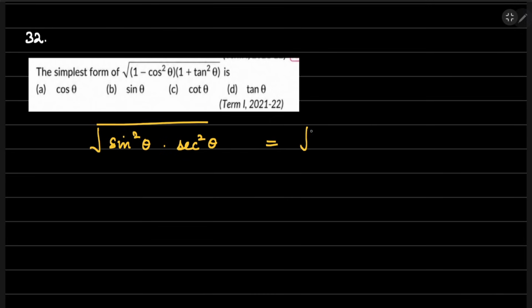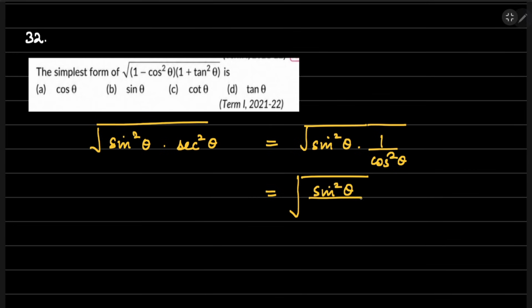So this is equal to root of sine square theta multiplied by secant, which can be written as 1 by cos square theta. So this is equal to, within the square root, you will have sine square theta divided by cos square theta, which is root of tan square theta, which is just tan theta. And that's your answer. Option number D is the correct answer.